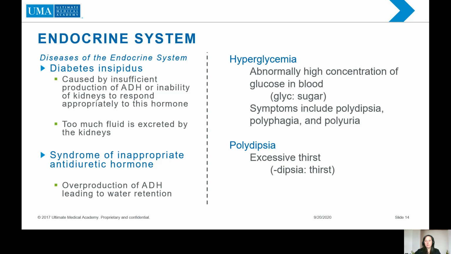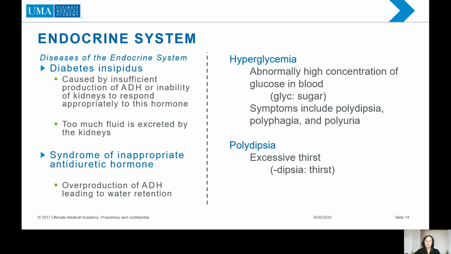Hyperglycemia. Hyperglycemia would be an abnormally high concentration of glucose in the blood. So, an abnormally high concentration of glucose in the blood could be sugar. So remember, GLYC is sugar. So there's too much sugar in the blood.